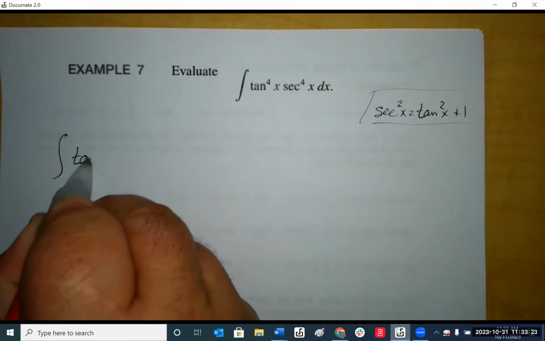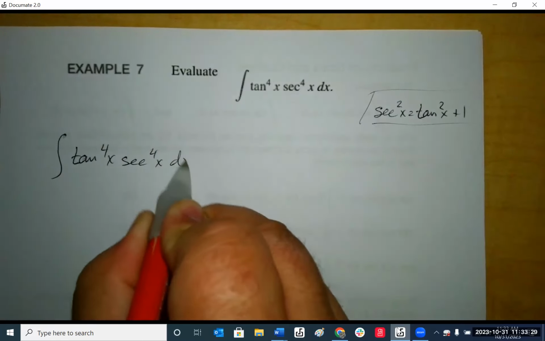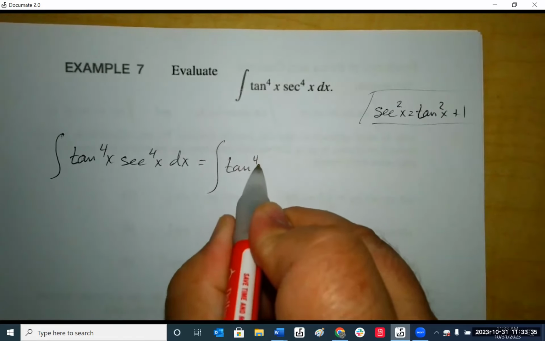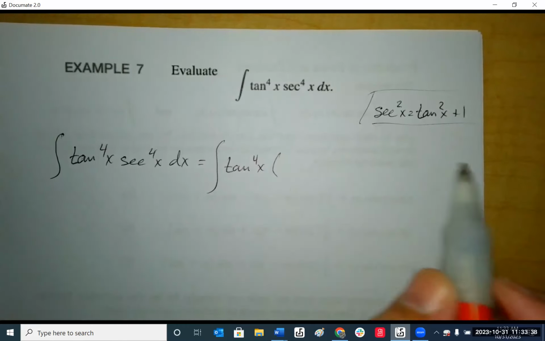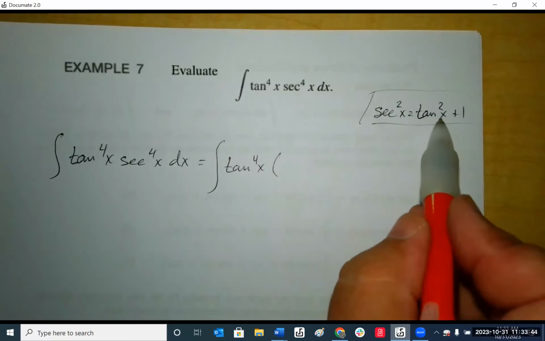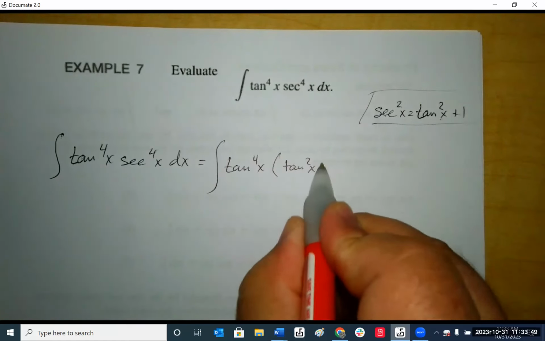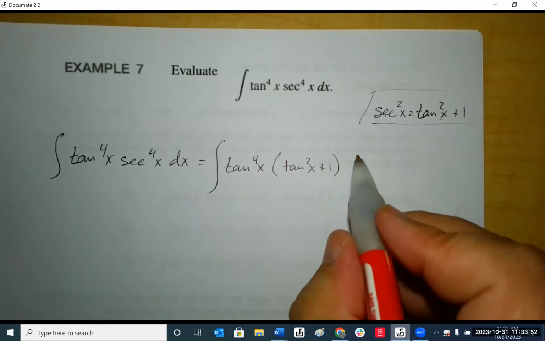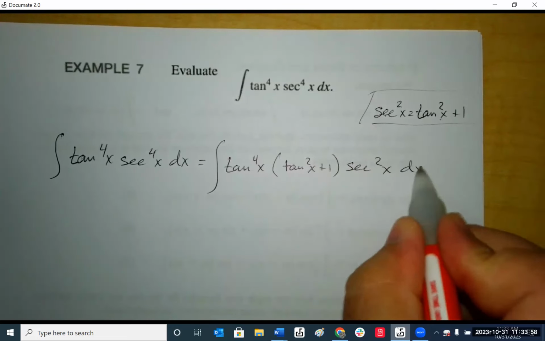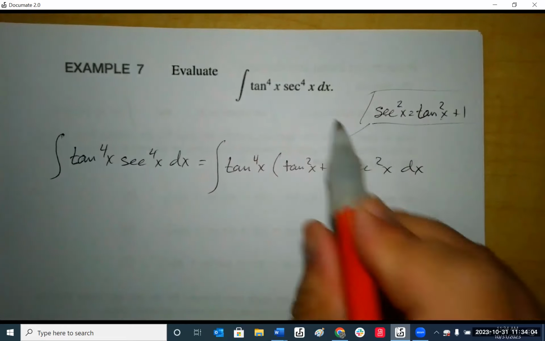So the integral of tangent 4th secant 4th x dx is equal to the integral of the tangent 4th power, and the secant squared equals that, tangent squared x plus 1, times secant squared dx, because that's secant squared, so I'll break those up.